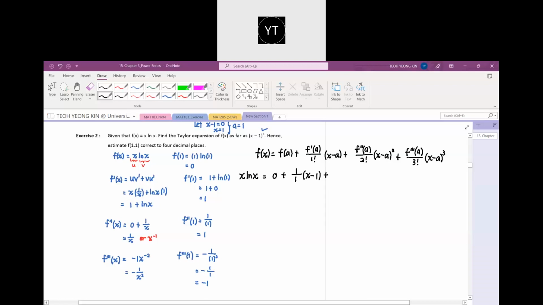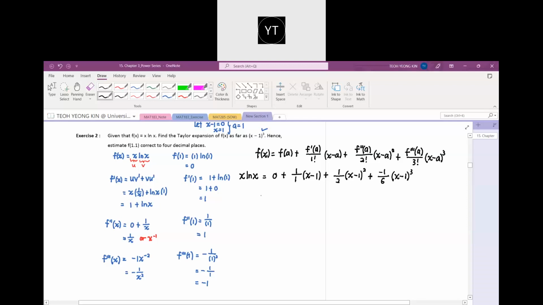Plus f double prime a. F double prime a is 1. So 1 over 2 factorial is 2 times x minus 1 squared. Finally, plus f triple prime a. F triple prime a is negative 1. So negative 1 over 3 factorial is 6 times x minus 1 cube.